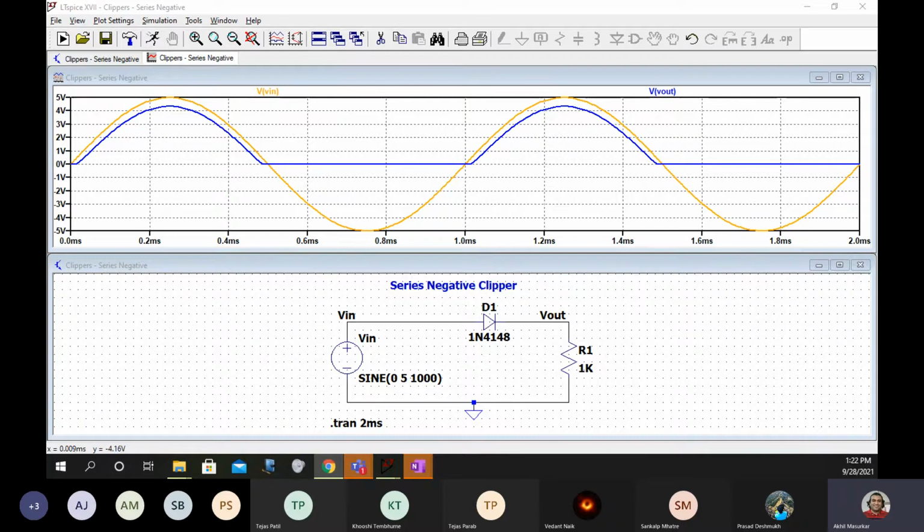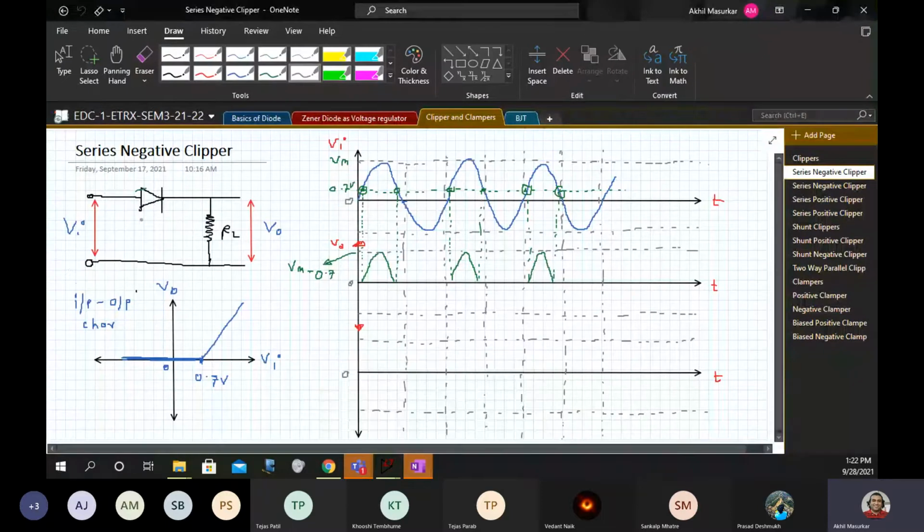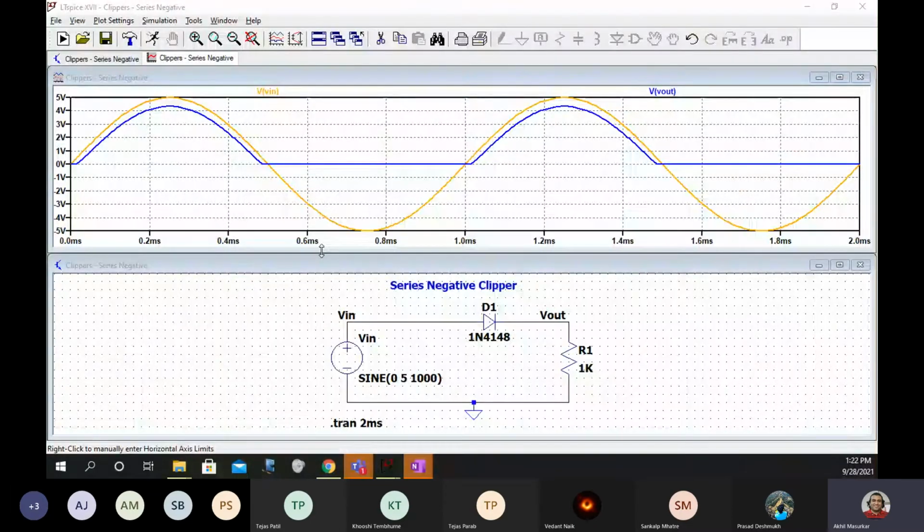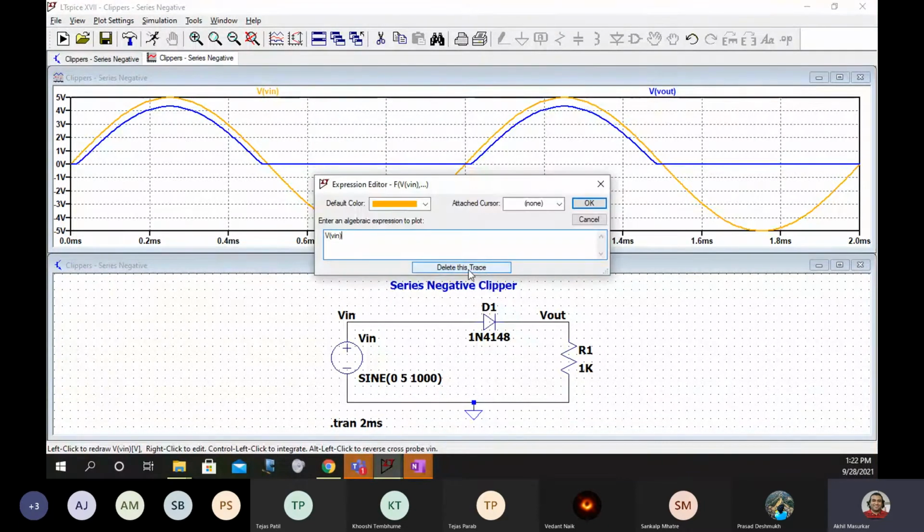Now, how to plot this characteristics. This is our concern. As you can see now, input and output both are plotted with respect to time. So now I'll just remove this V in.